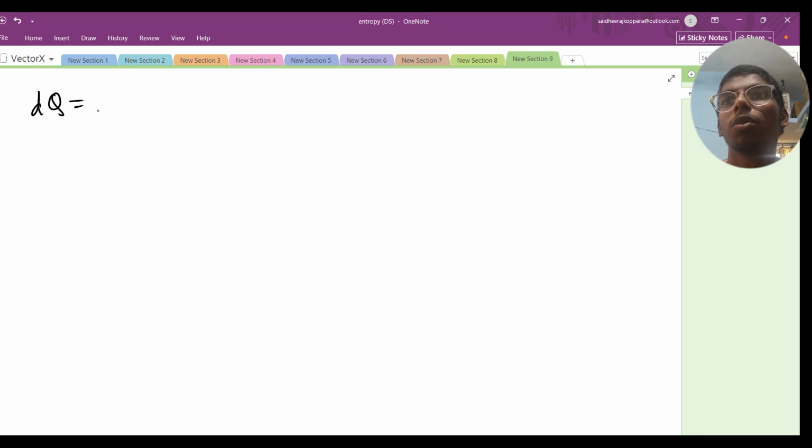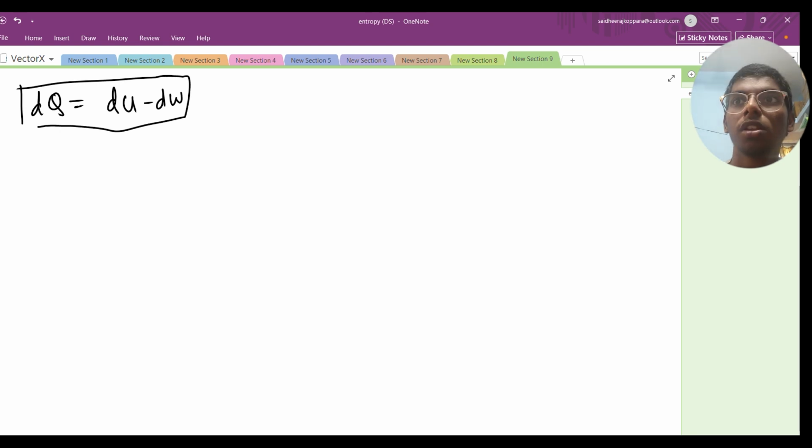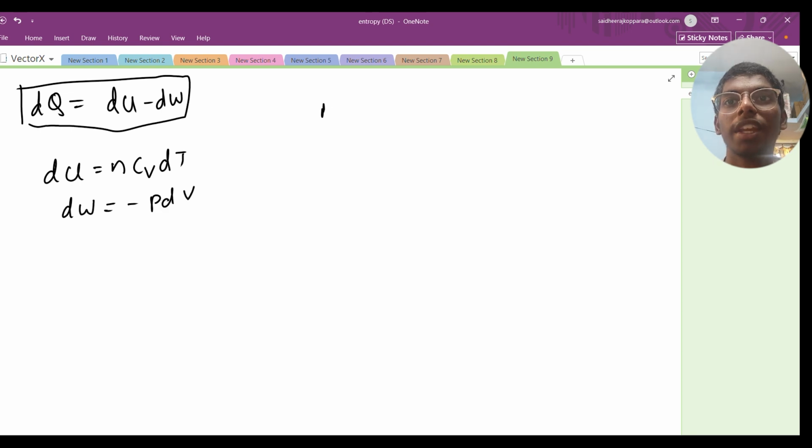From the first law of thermodynamics, we got to know that dQ equals dU minus dW, right? This was known to us, and we know that dU is nCv dT, and we know that dW is minus PdV, and we also know from the ideal gas equation that PV equals nRT, right?